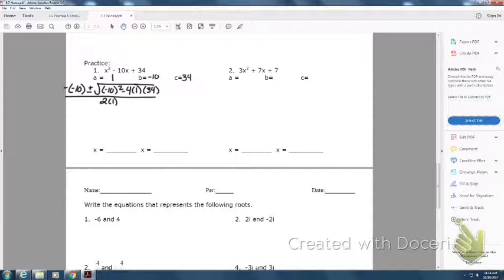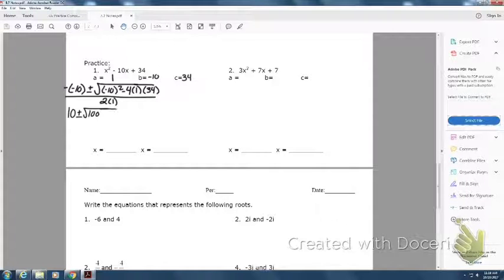So the 10 at the very beginning, is that going to end up being positive or negative? Positive. It's a negative times a negative. So 10 plus or minus the square root. What is negative 10 squared? 100 or negative 100? 100. Next, what is negative 4 times 1 times 34?